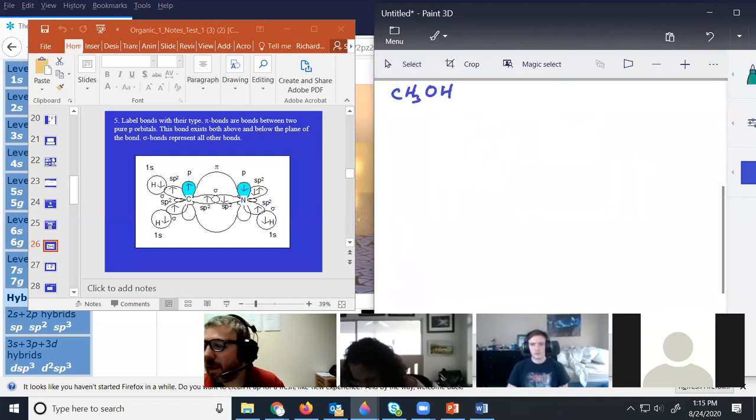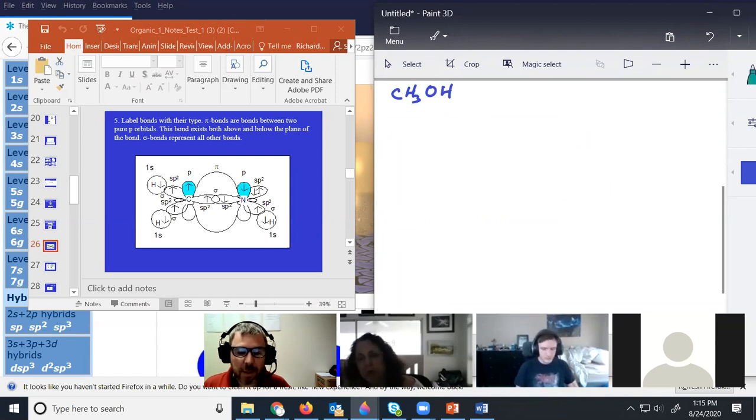So when you look at that and you want to draw it out, what we want to do is have 4 bonds on the carbon and 2 on the oxygen. Is anybody unclear about why it's 4 bonds for carbon and 2 for oxygen?